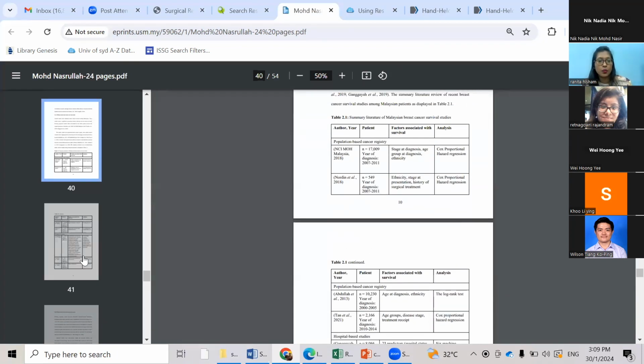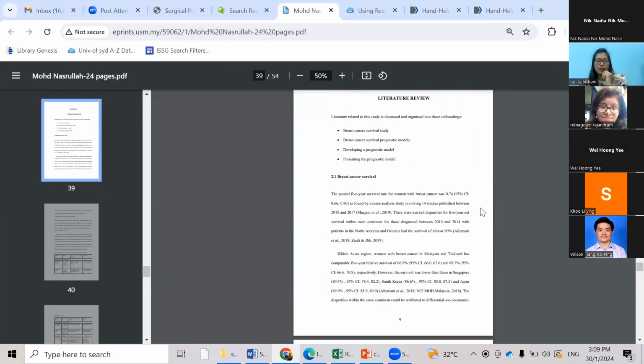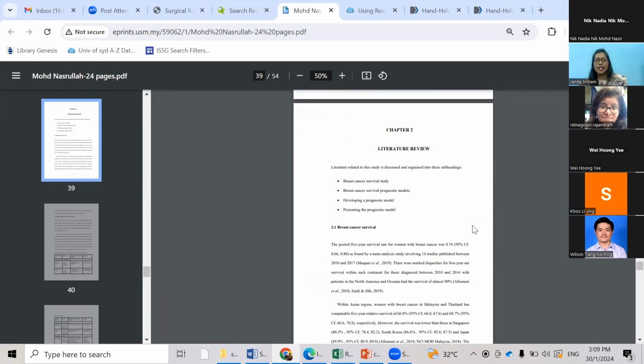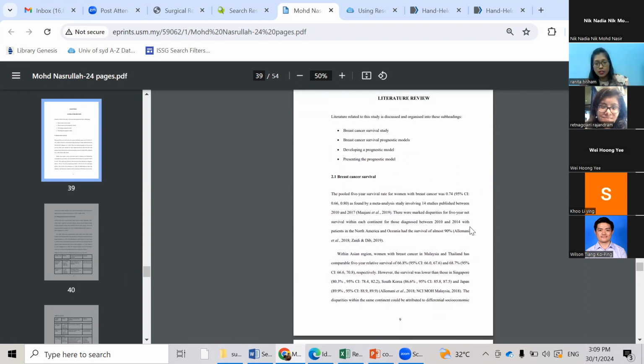I think this would help you to visualize your own thesis later on, because this is something that you have to do. This is an example that I took from one of the theses related to surgery. Chapter 2, this is what you have to come out with.